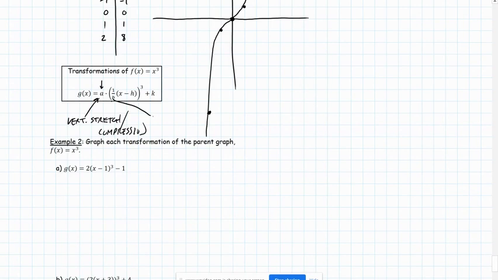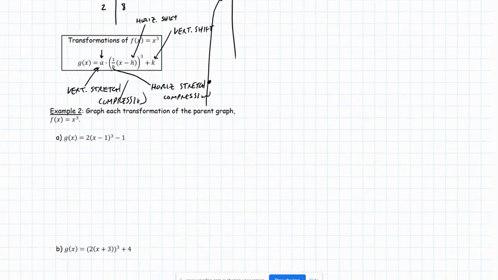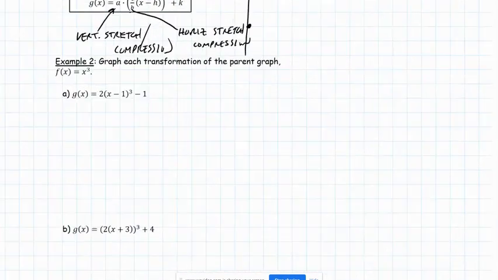It's inside the parentheses, and that is horizontal stretch or compression. And then h and k, just like what we've done with previous functions in the past, h is horizontal shift, and k is vertical shift. Okay, so we'll look at some examples of how to apply those constants a, b, h, and k, and how they affect this graph.